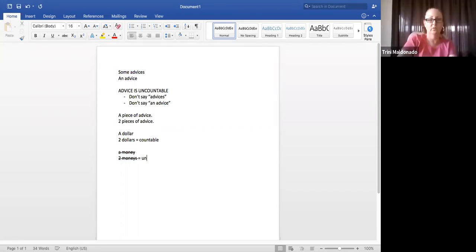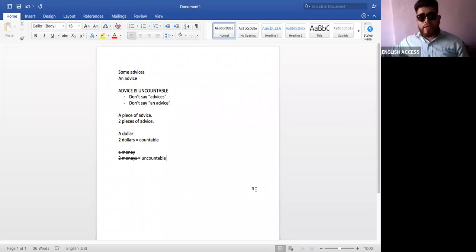So it depends on the function of the word, not the way it is written, like an octopus. In this case, advice is an uncountable noun, so you do not use an.